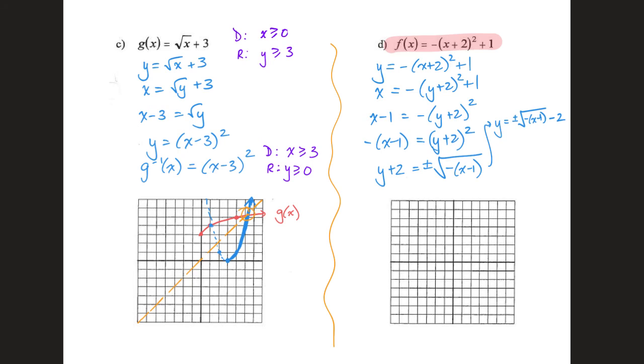Okay, we should be good. If we take a look at our red, I have my normal parabola that's been reflected across the x-axis, shifted to the left 2 and up 1. So take my vertex, shift it to the left 2, up 1. Take 1, 1, reflect it across, shift it left 2, up 1. I know that I have a reflection of that across the vertex.